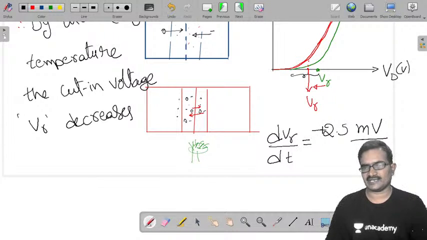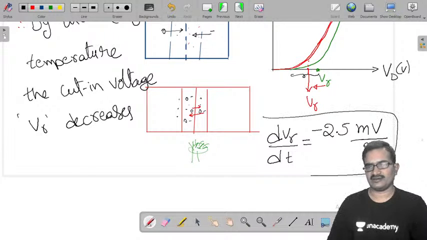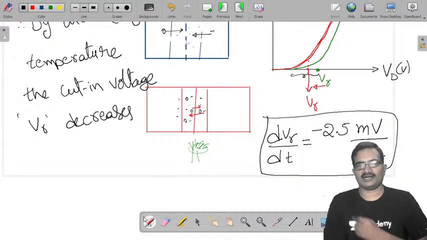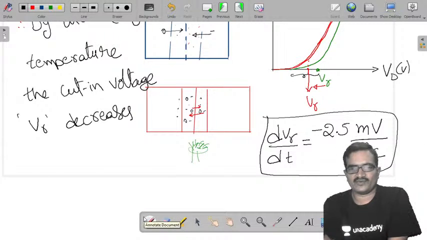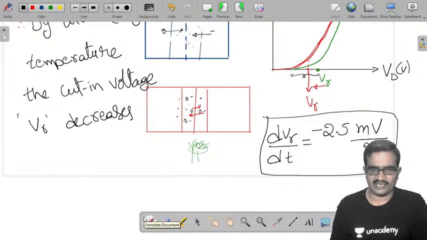So this negative sign represents a decrease in the cut-in voltage Vγ, by an amount of 2.5 millivolts per 1 degree centigrade rise in temperature. This is the variation in cut-in voltage with increasing temperature, or the effect of temperature on cut-in voltage Vγ. So for every 1 degree centigrade rise in temperature, Vγ is decreased by 2.5 millivolts.